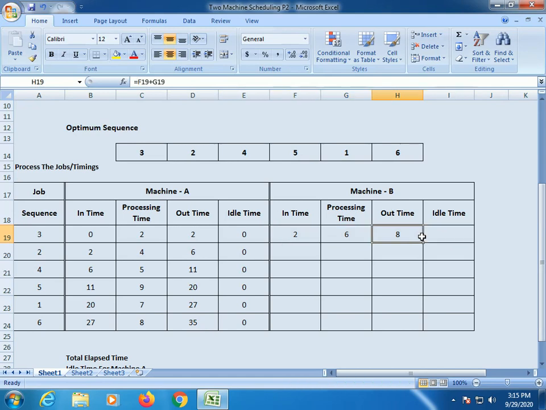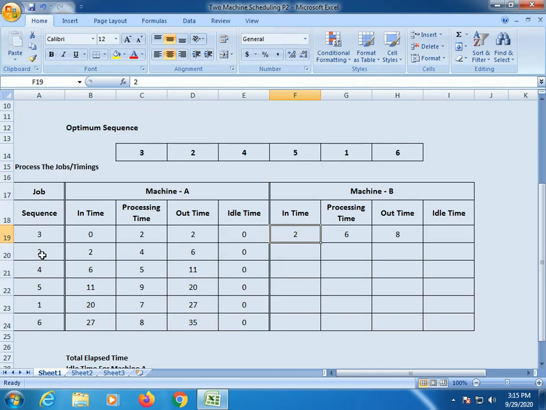It waited for 2 hours, because here we have taken the in time as 2 hours. So for 2 hours what did machine B do? Nothing. It waited for the job. Machine B waited for 2 hours for the job.